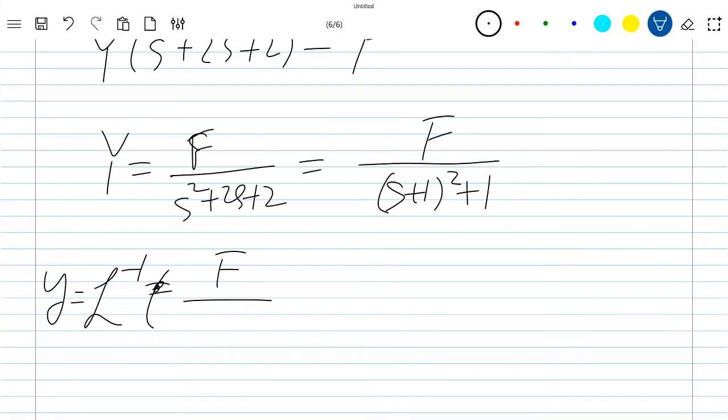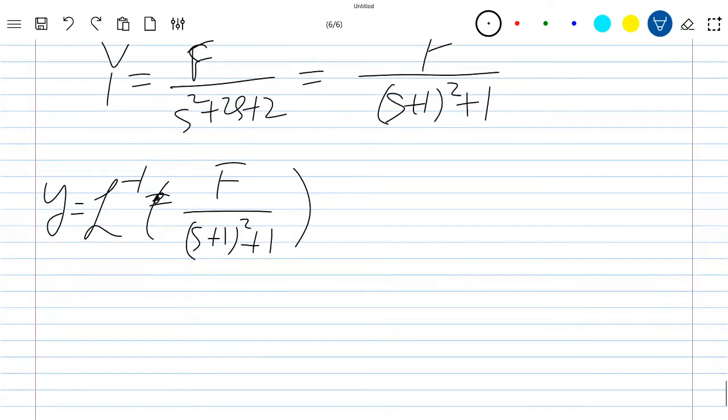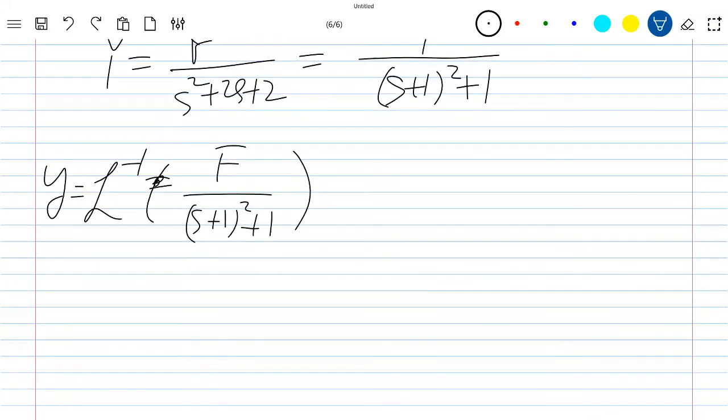F over that, right? That is something called a convolution, which we haven't learned yet, but I will explain it to you.